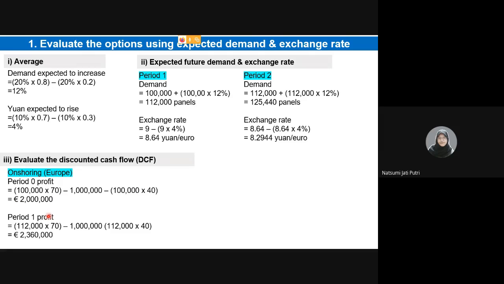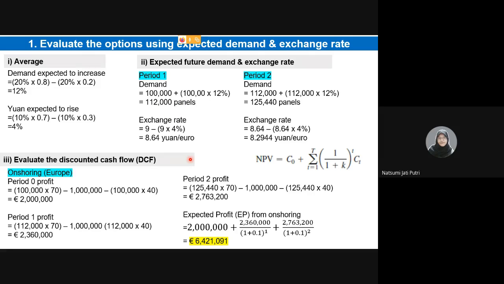For the period 1 profit, it is also the same, but the demand here is the one that changed. We use the demand in period 1. Then for period 2, also the same, and we use the demand in period 2.